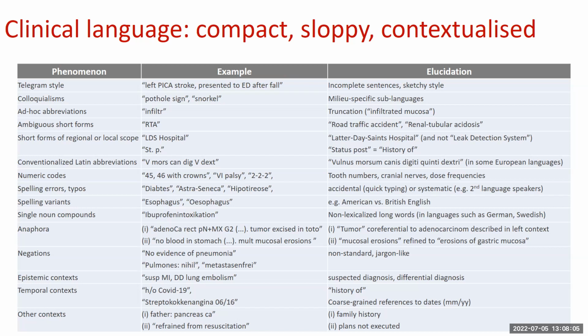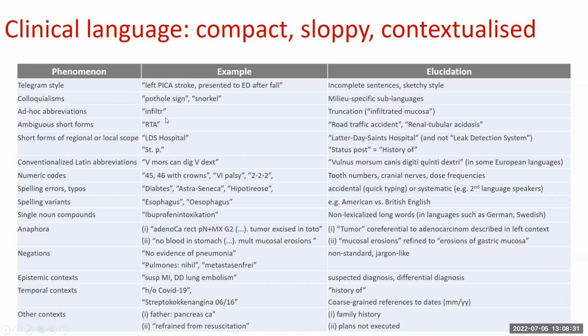And therefore, clinical language is compact, is sloppy, and is contextualized. And this encompasses a lot of phenomena like this telegram style. So you often do not find full sentences. You have a lot of colloquialisms, which you probably would not write in a textbook.